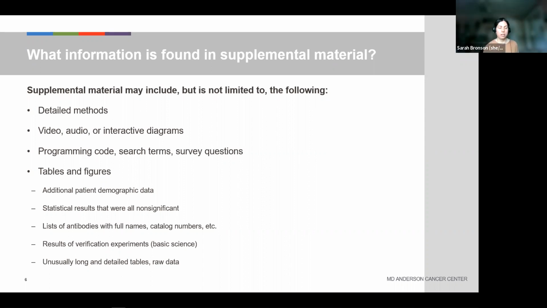Statistical results that were all non-significant. Oftentimes, you'll reserve your main figure and table slots for results that were a little bit more eye-catching. Lists of antibodies, reagents, those catalog numbers, manufacturers, those identification numbers, absolutely essential for replicability, but very space consuming.